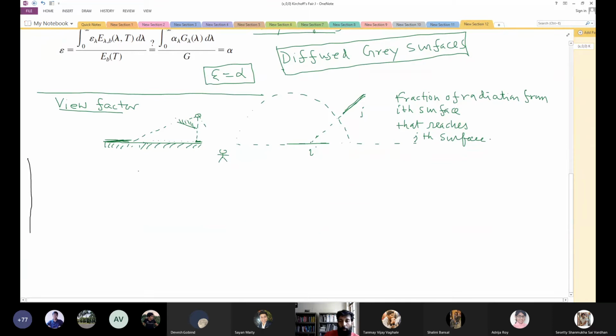So our goal will be to obtain the view factor between a pair of surfaces. Suppose I take a small disk and a large disk. What fraction of radiation from the small disk do you think will reach the large disk? Any guess?